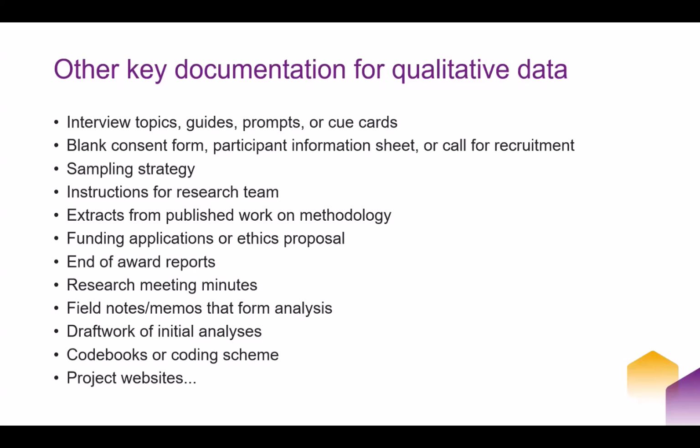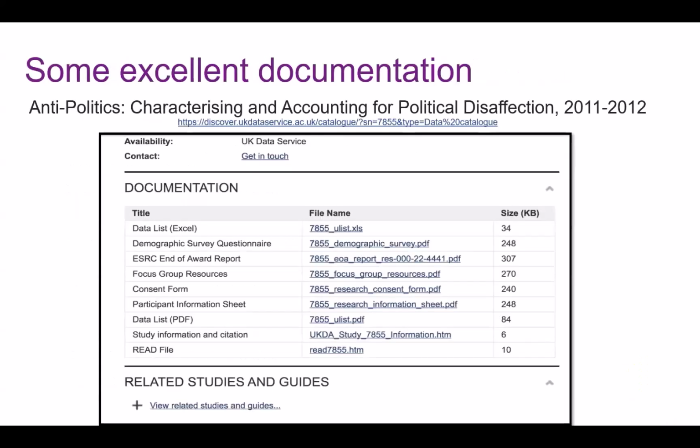So hopefully those materials are being actively considered by the research team during their data collection and analysis, but we don't often see them in the collections that we offer. Collating them and making them available as documentation would really help achieve what I think qualitative work is trying to achieve. So that's the moral of the story there.